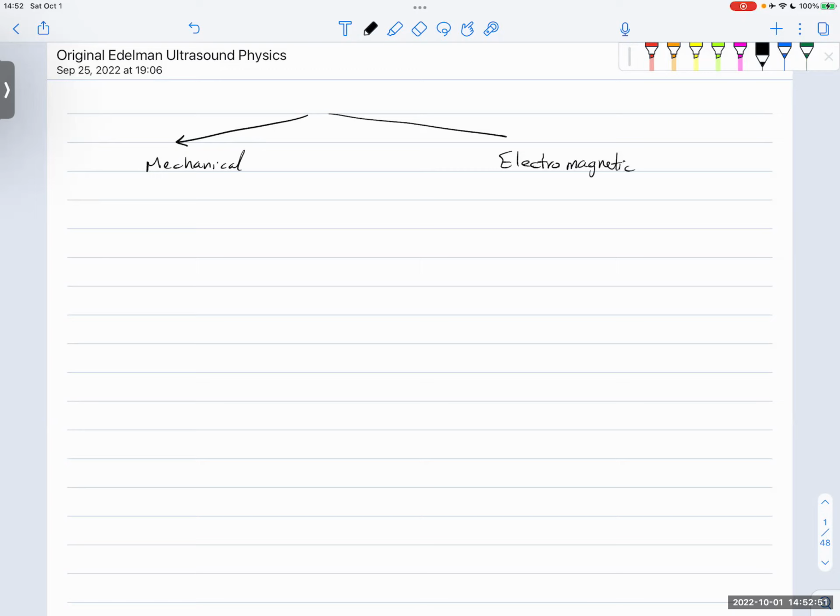Our focus will be on the mechanical wave. The way I think about it is electromagnetic is a type of energy that does not require any medium, and it can move through space or a vacuum.